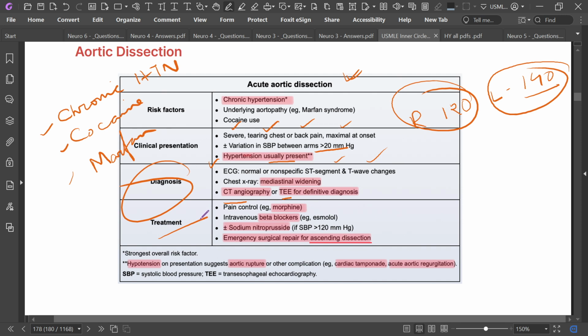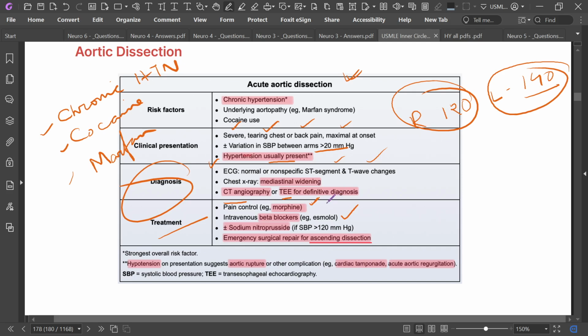As a treatment of aortic dissection, you should go with pain control, like morphine. IV beta blocker or esmolol can be given, and sodium nitroprusside if systolic blood pressure is more than 120.